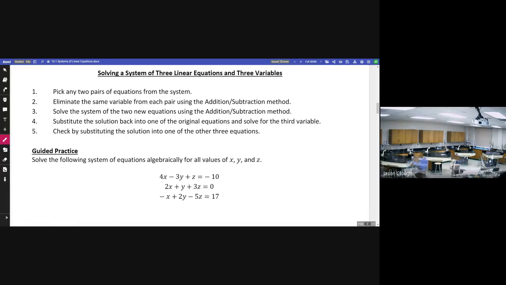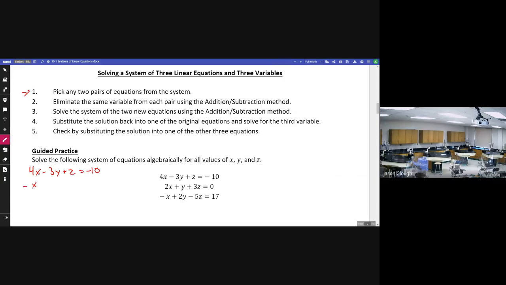All right, so how do we do the 3 linear equations with 3 variables? Well, our first step is we have to pick 2 pairs of equations and try to get rid of one of the terms. So what I'm going to do in this guided practice is pick equation number 1 and equation number 3.